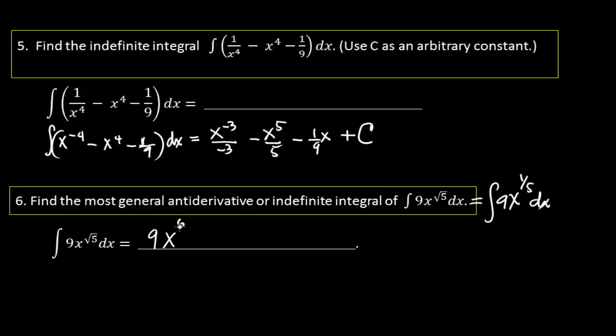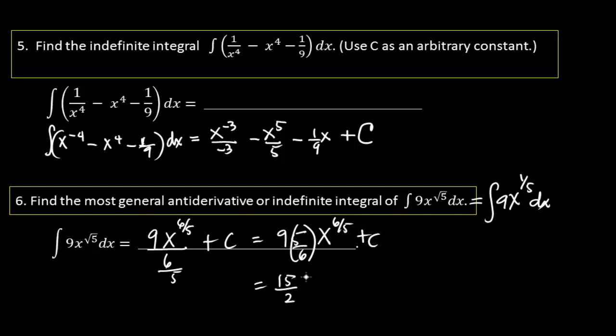You get 6 over 5, divided by 6 over 5, plus a constant. So that's 9 times 5 over 6, x to the 6 over 5 plus a constant. Keep going by simplifying. Then you have 3 times 5, that's 15 over 2, x to the 6 over 5 plus c. And again, the best thing to do is take the derivative. Once you take the derivative, you should be able to get this right here.